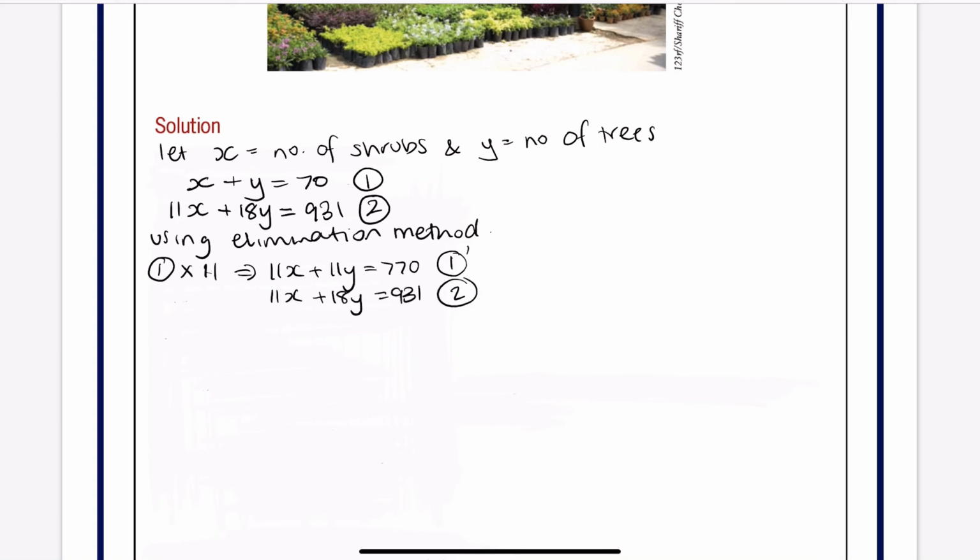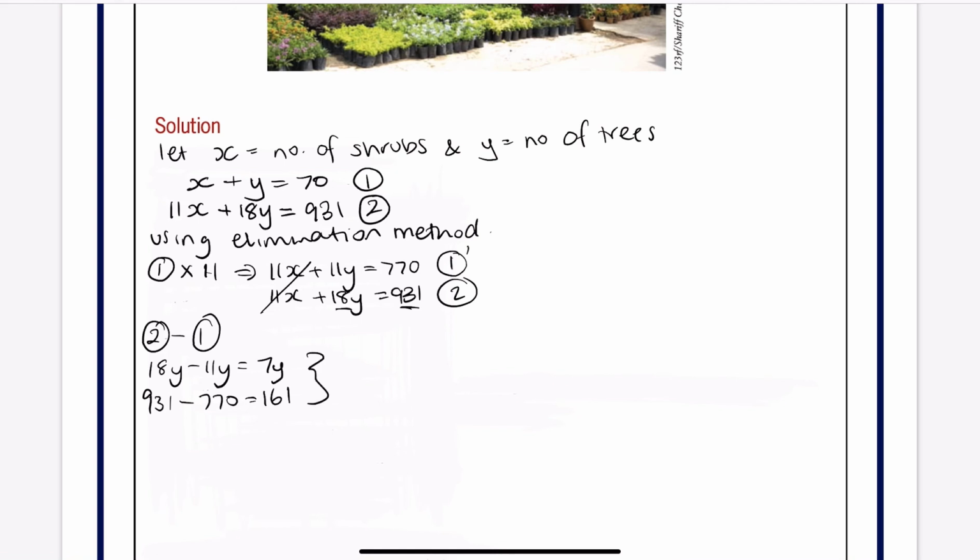I'm going to do 2 minus 1, because the numbers in equation 2 are bigger, so I'll keep it positive. That gets rid of the x. This becomes 18y minus 11y, which equals 7y, and 931 minus 770 equals 161.